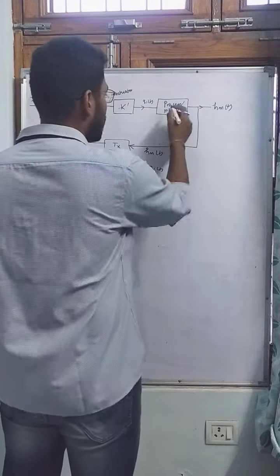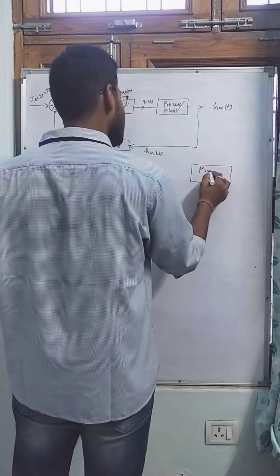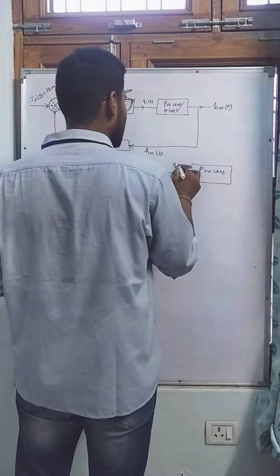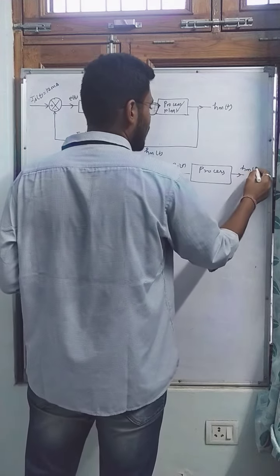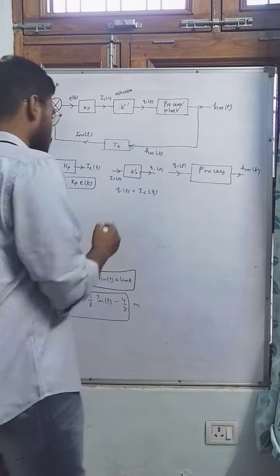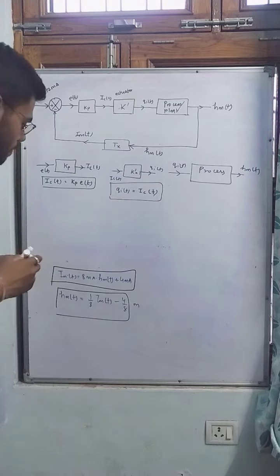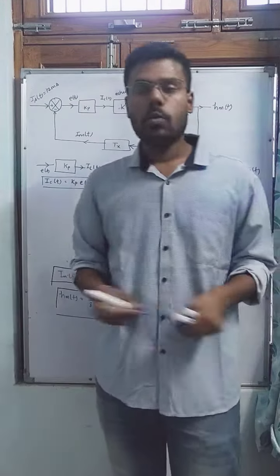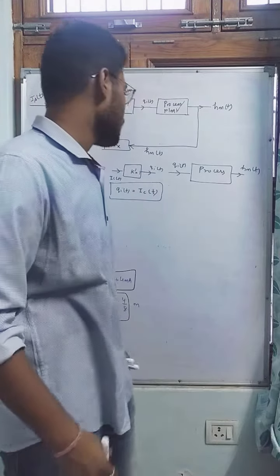Fine. Now we will talk about the process. The input of the process is flow and the output is what we are controlling, the liquid level. When you do higher studies, you will get to know the liquid level process is nothing but a first order system.